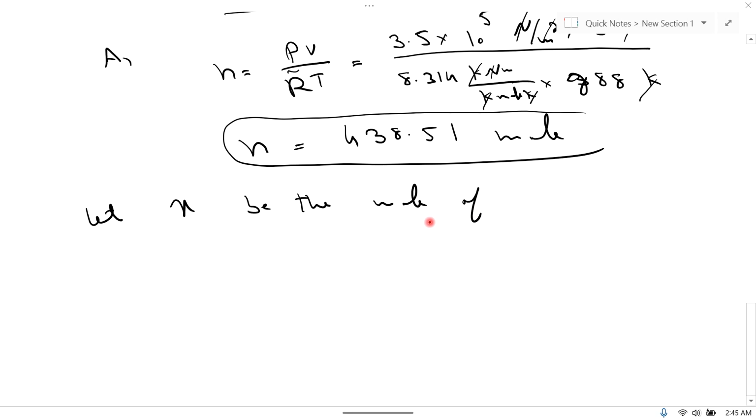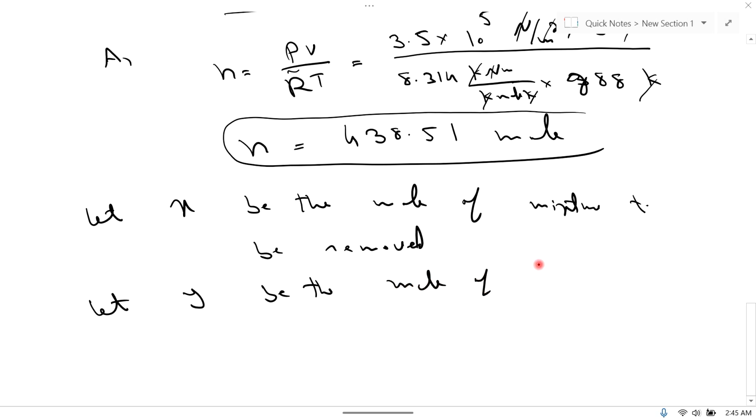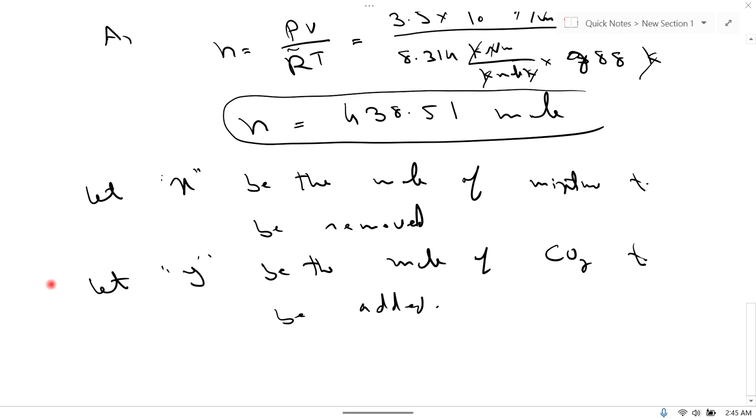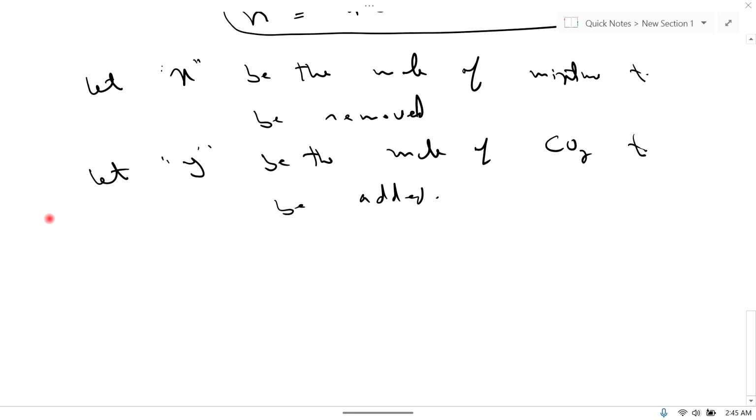Let X be the mole of mixture to be removed, and let Y be the mole of carbon dioxide to be added. Note that this is mole, not mass. This is X and this is Y to be added. Now we have to find X and Y, and X and Y are numbers of moles.